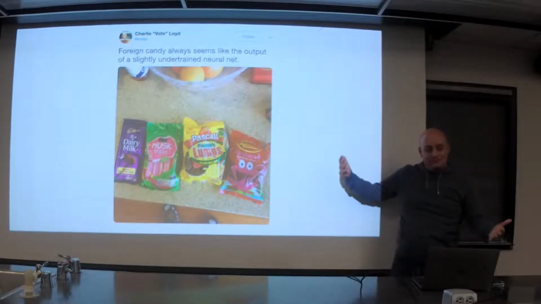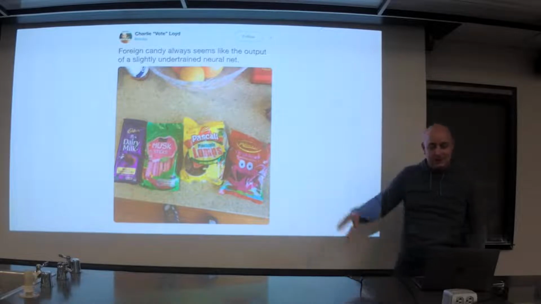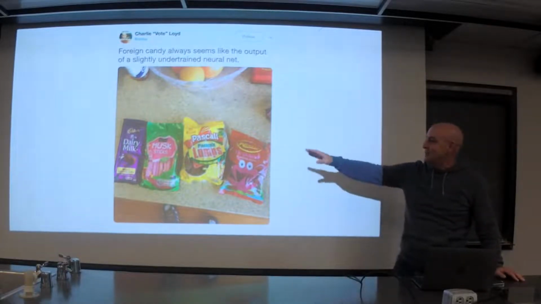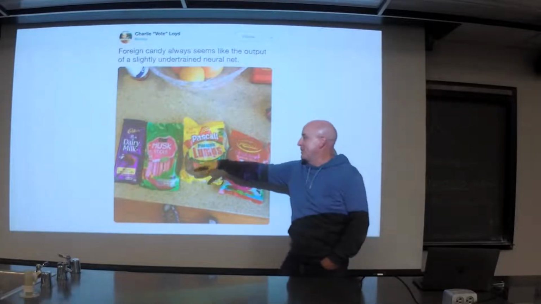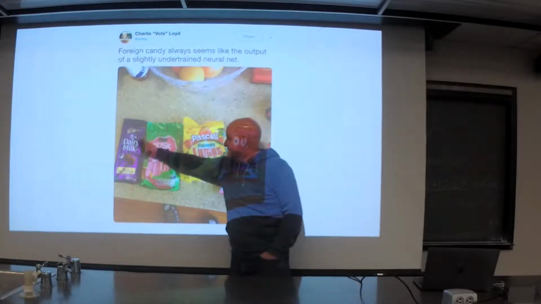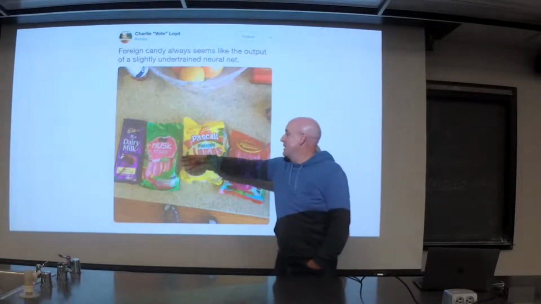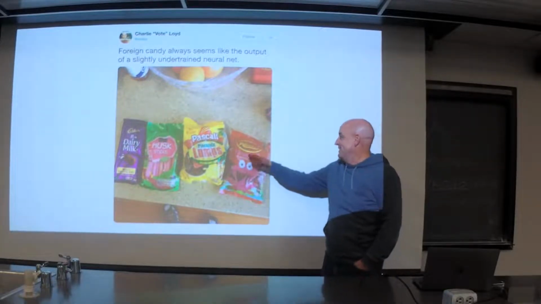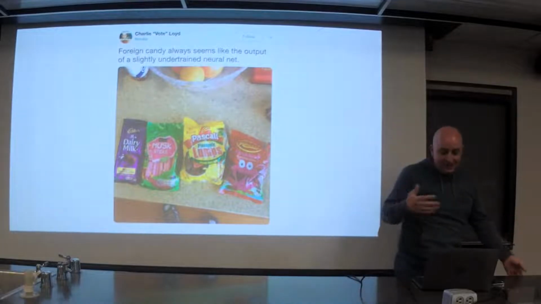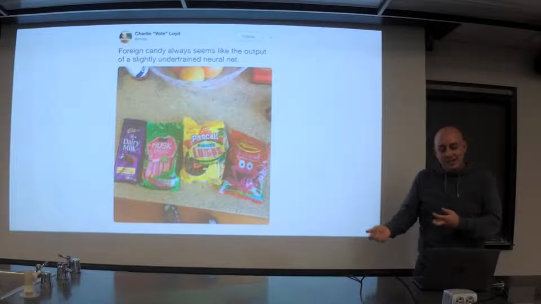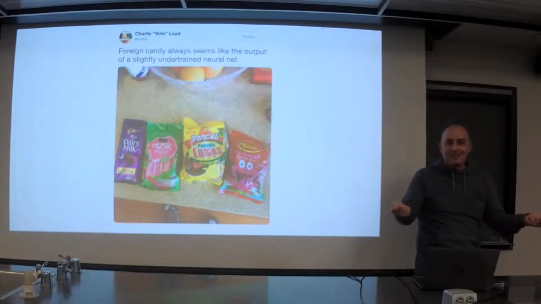Some of you are from foreign countries where they might have English names for candies, but when you read these, they're pretty familiar if you've been to some parts of Europe. But these are weird things to say in English, like dairy milk, musk sticks, pineapple lumps, frogs alive. None of these indicate that the thing you're going to eat when you open up this package is going to be good.